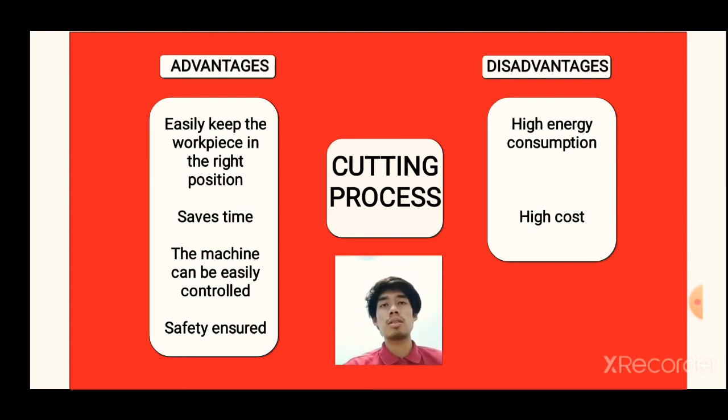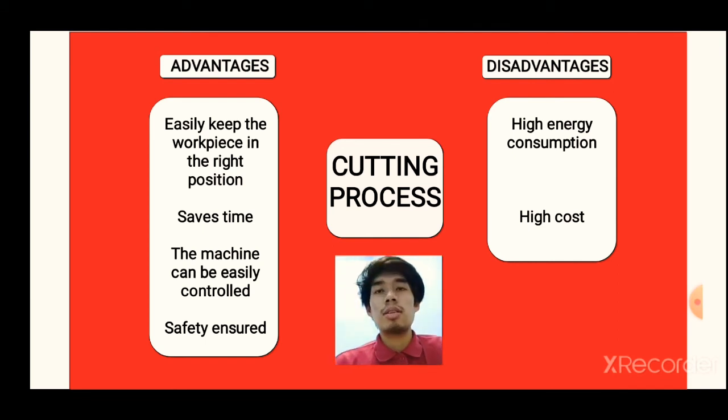The cutting machine also has a high level of efficiency and can produce designs as exact copies of each other. The last advantage is that safety is ensured. The workers operate the machine from a distance, so they will be safe from getting any injuries or being involved in accidents.